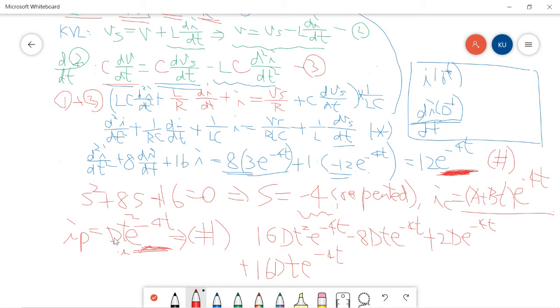The first derivative of this term is minus 4, and then multiplied by 8, so it is minus 32 dt squared exponential to minus 4t. So we have the second term, and then plus 16 times IP, which is dt squared exponential to minus 4t.